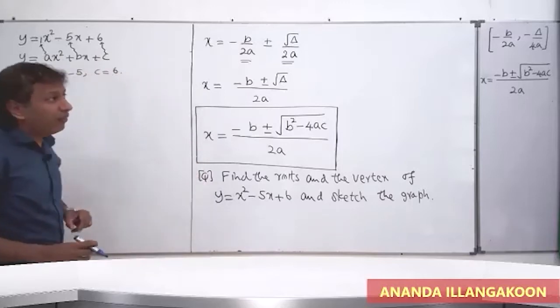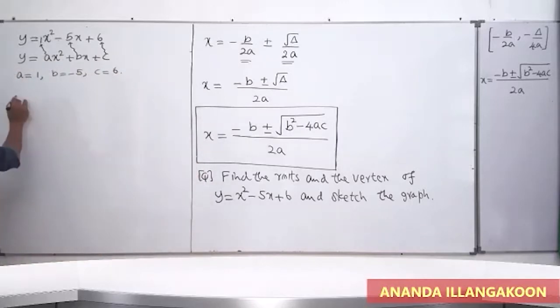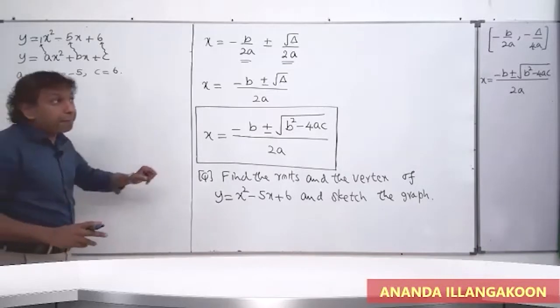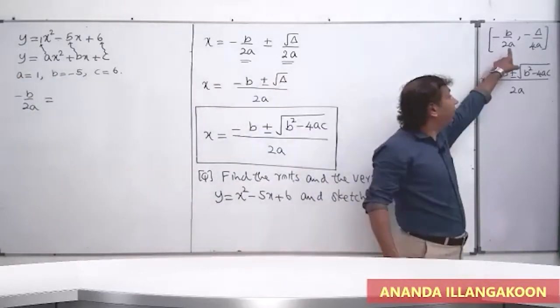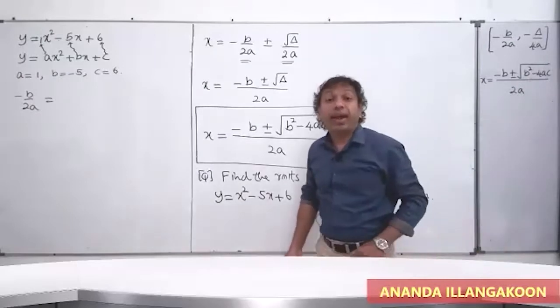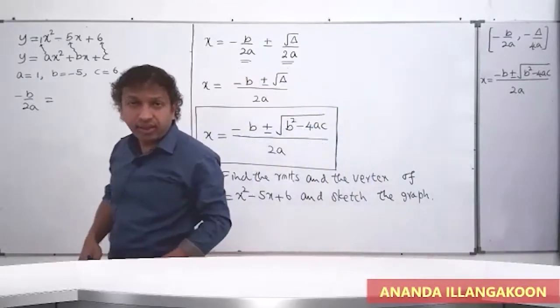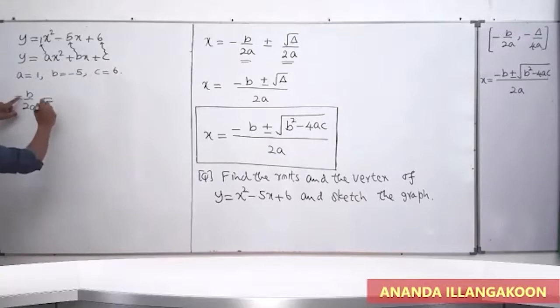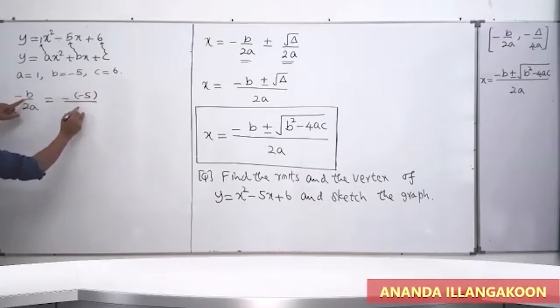Okay, now we can write minus b upon 2a. Why? Minus b upon 2a is the x coordinate of the vertex. What is b here? b is minus 5, so put minus of minus 5, divided by 2 times a, which is 1.